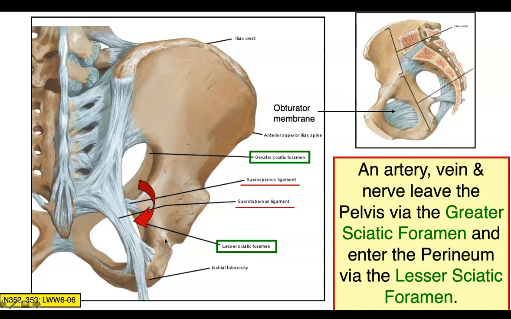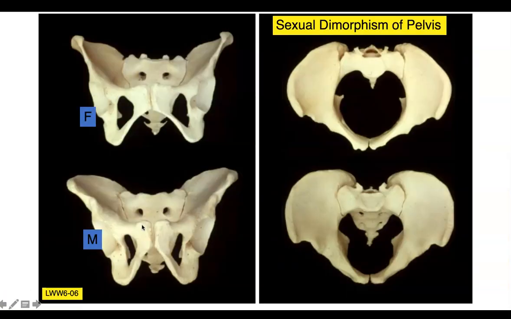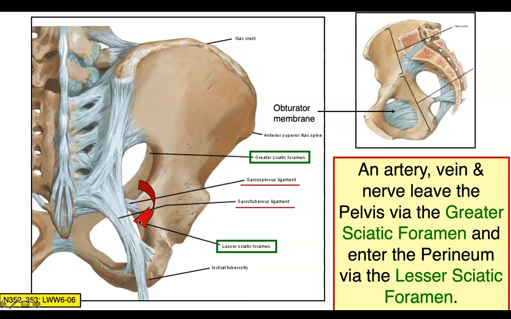And there is another, smaller lesser sciatic foramen, which you can consider as a door or entry point for blood vessels and nerves, and also another muscle, entering or exiting into the perineum.